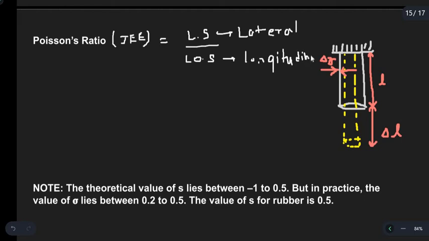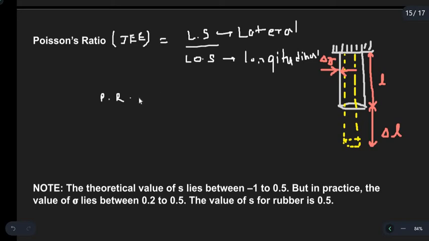Okay, I think now it is getting clear. What is lateral strain? Lateral strain is the change in the area, or you can say here radius. So Poisson's ratio, which will be PR, so PR will be equal to, let's wait.